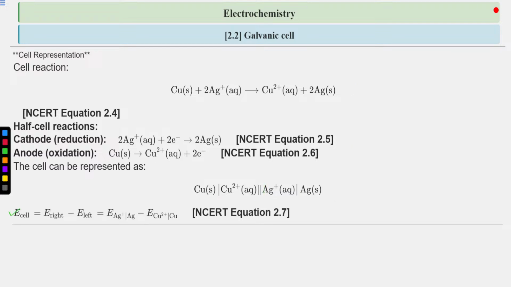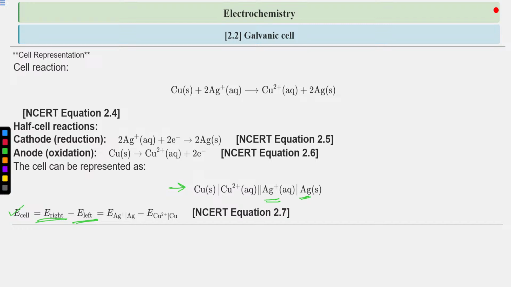And if you want to find out the electrode potential for the cell, Cu | Cu2+ || Ag+ | Ag, you can write it as E of right, that means the potential of the right side minus the potential of the left side. At the right side, we have Ag, silver, right? So we are talking about the silver electrode.